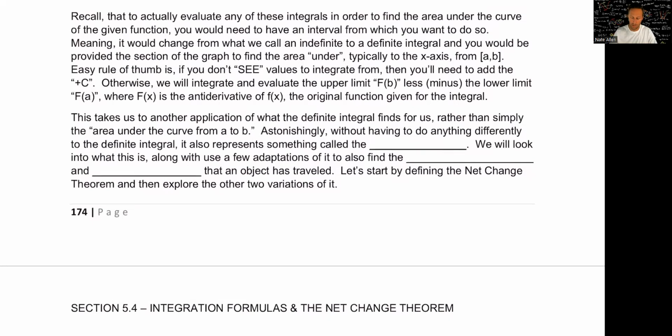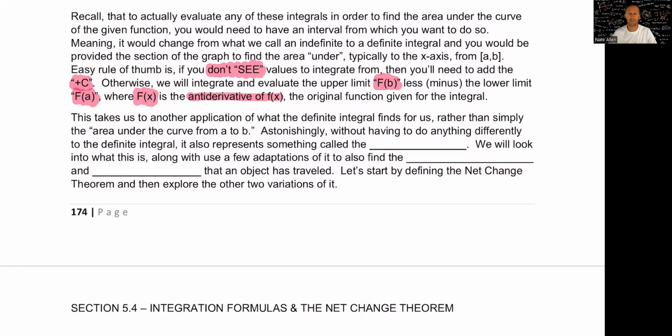So as I mentioned, I want to make sure that you guys notice when you're finding the thing that has the plus c and when you're finding the actual area under the curve, where we use that fundamental theorem part 2. Either way, it is finding the antiderivative of our original, we're going to call capital F of x.